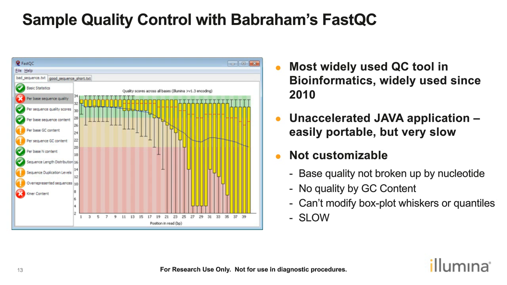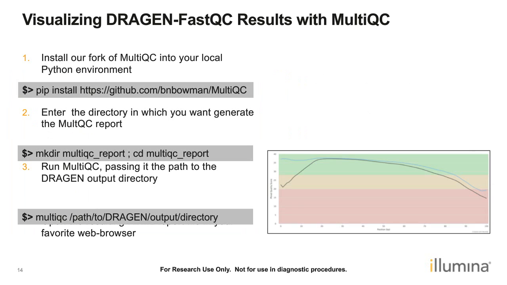But again, what we've realized as we started working on this is that the application for FastQC is very slow. It's unaccelerated. It's a Java application. It doesn't have some of the quality metrics like GC content and others, and it's just extremely slow and maybe not suitable for many users. So what we did, as I'm showing in this slide, is we have extended the MultiQC capability to support the plots or the metrics that come out of FastQC.